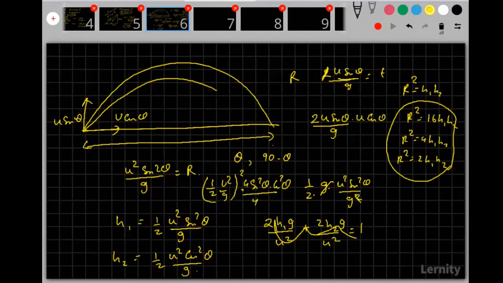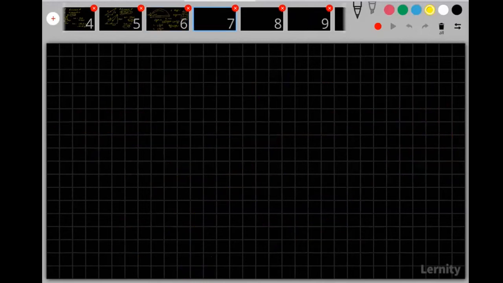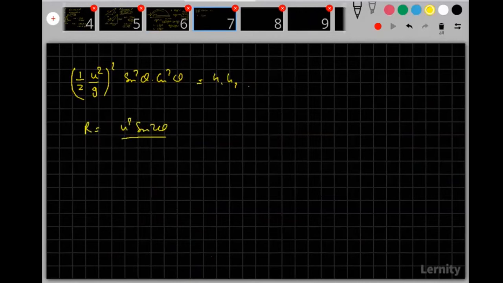So range is what? Okay, if I just do it neatly, it will come. We got half of u squared by g the whole squared sin squared theta into cos squared theta. This is equal to h1 h2, while range is equal to u squared sin 2 theta by g.